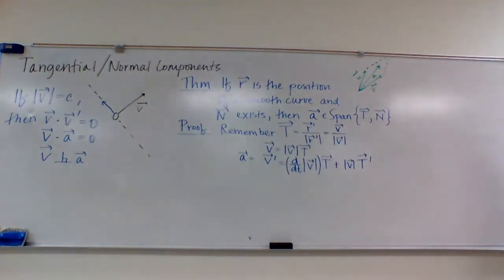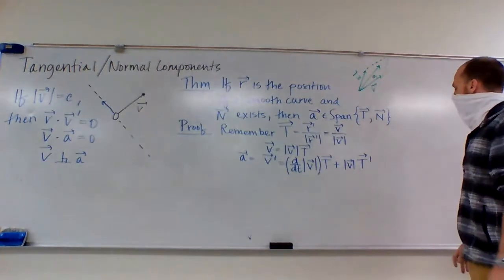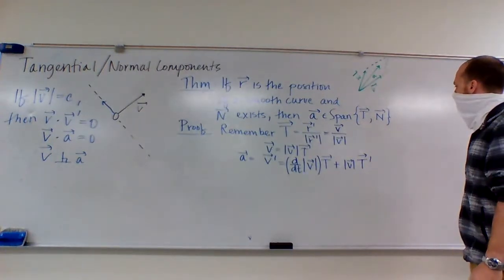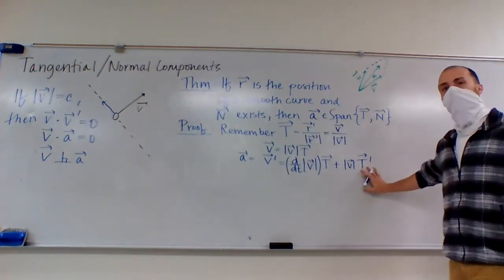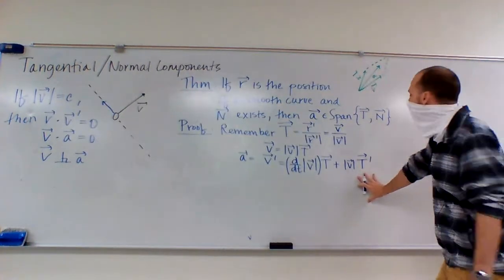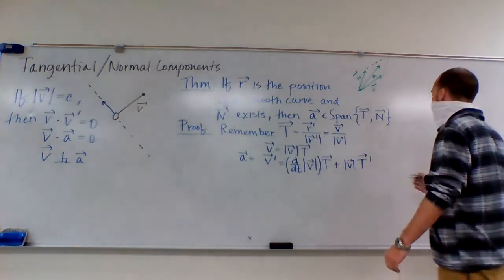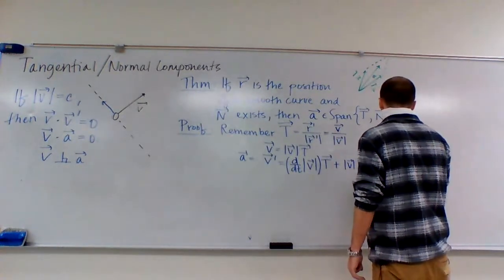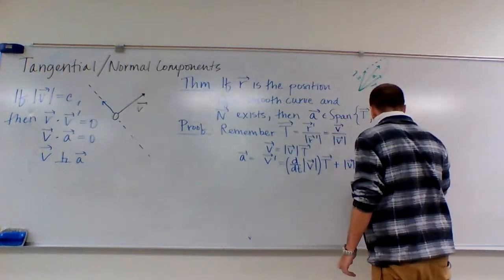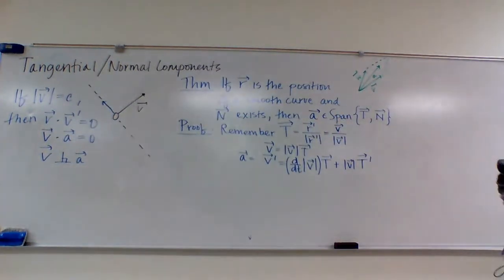Now, I think in the last video, or maybe the last time we met, we said that the derivative of T was somehow related to N, the normal vector. So what I'm going to do is multiply this thing by a clever form of 1. I'm going to multiply it on top and bottom by the length of T prime.